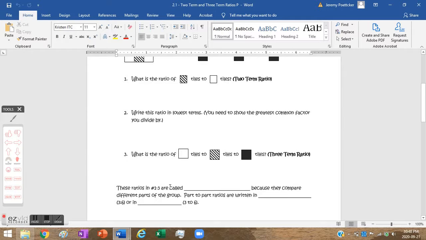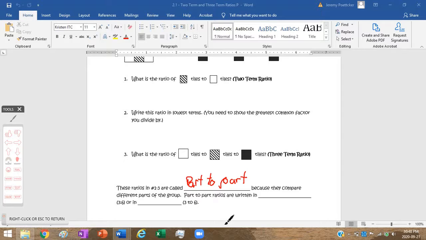Alright. Ratios in numbers 1 to 3 there are called part-to-part ratios. This is definitely not the neatest writing you've ever seen. Even for me, it's quite terrible. But life goes on. Part-to-part ratios, because they compare different parts of the whole group.